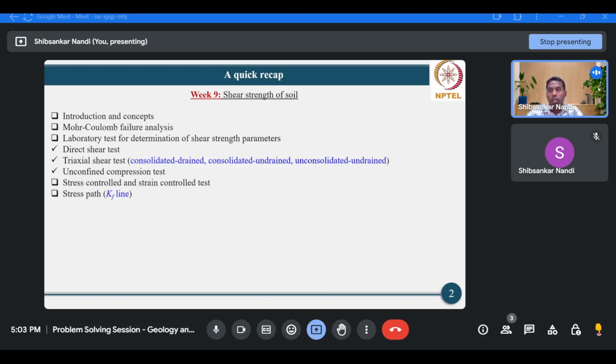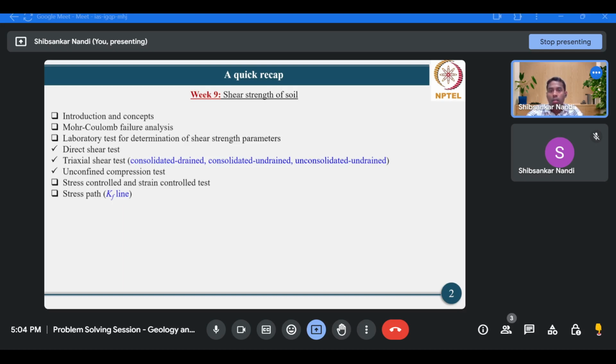These tests include the direct shear test, triaxial shear test, and unconfined compression test. Further, the triaxial shear test can be classified into consolidated drained, consolidated undrained, and unconsolidated undrained. So we'll discuss each of these tests in the subsequent discussion of this presentation.